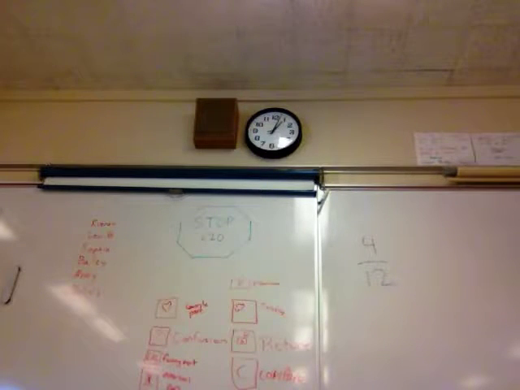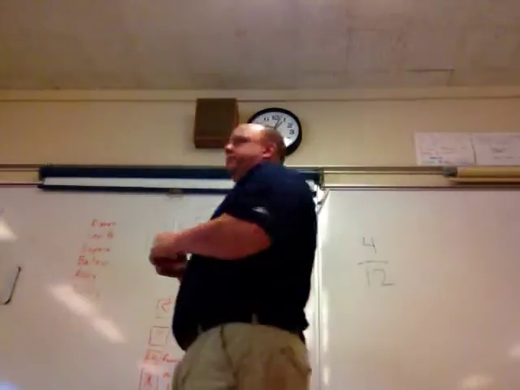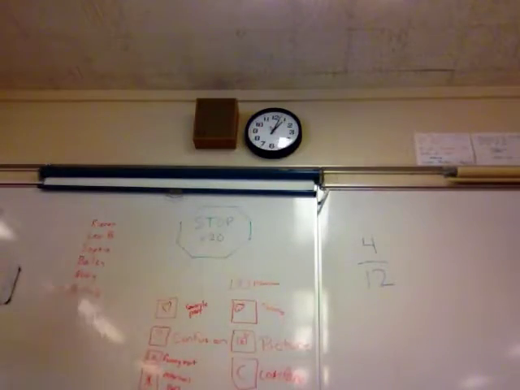All right, here's your chance to get up and move around. Let me give you direction though. If you think 4 and 12 can join the 2 club, when I say go, you're going to come up here.